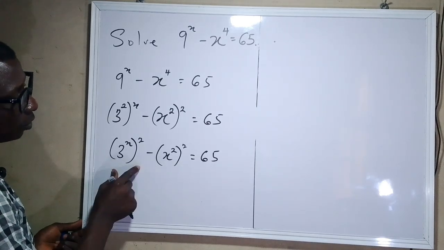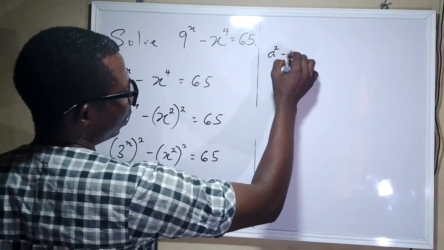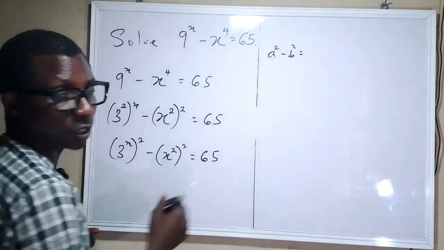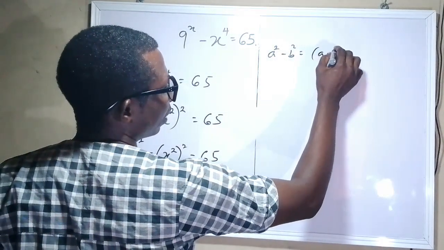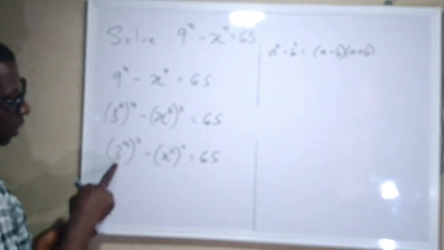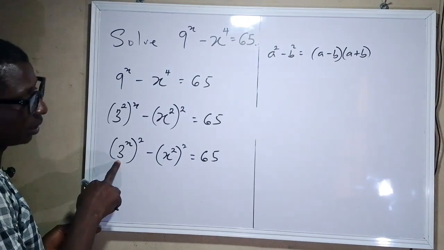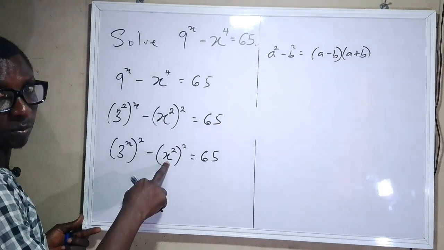When we have difference of 2 squares of this form, a raised to the power of 2 minus b raised to the power of 2, the expression is going to be a minus b times a plus b. So 3 raised to the power of x is the a, x raised to the power of 2 is the b.